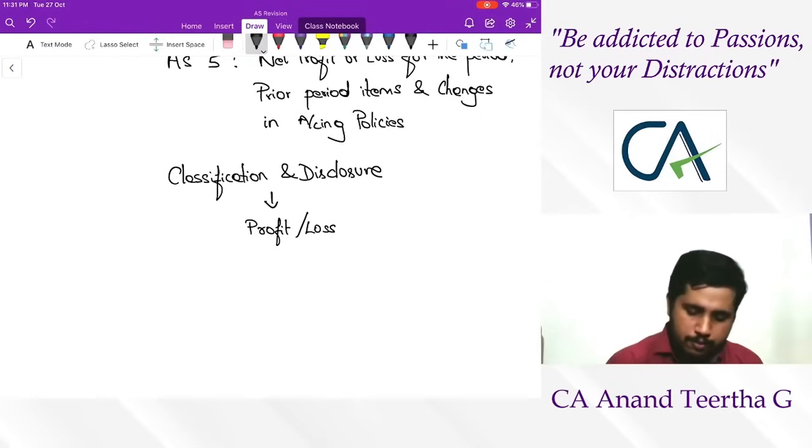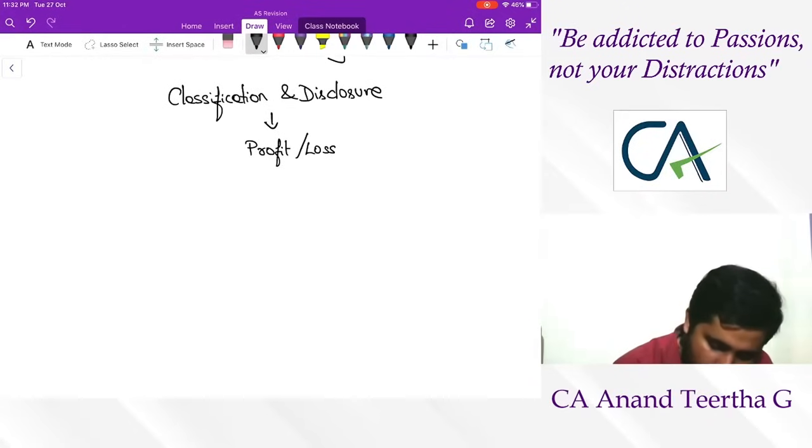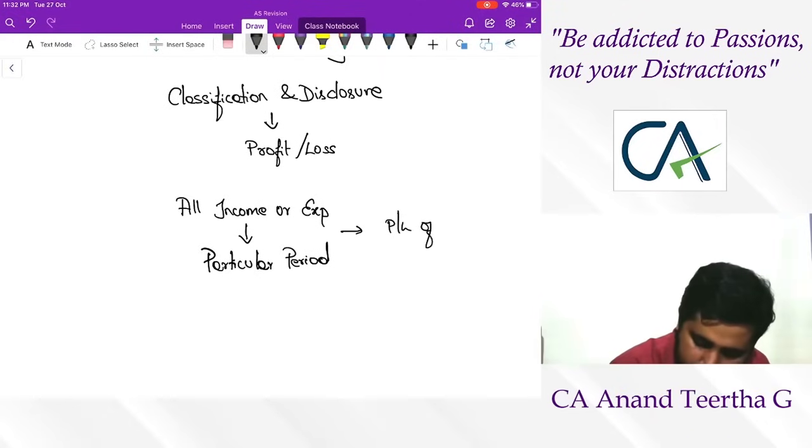Okay, now the first thing the standard tells us is that all income or expense belonging to a particular period should be considered for profit or loss of that period.